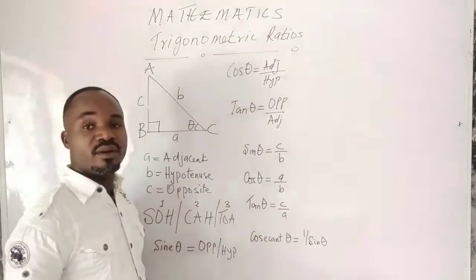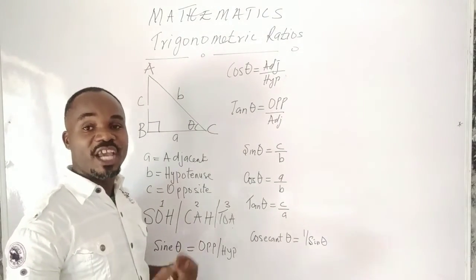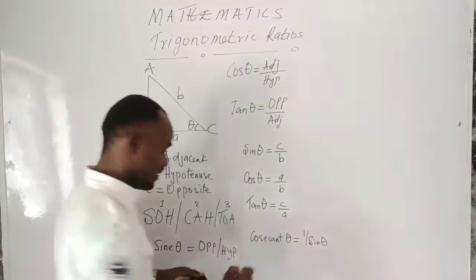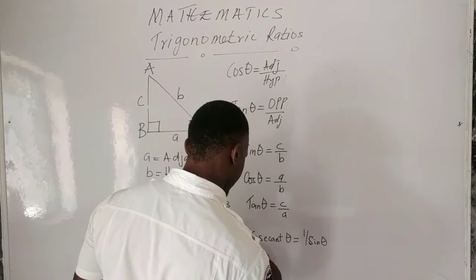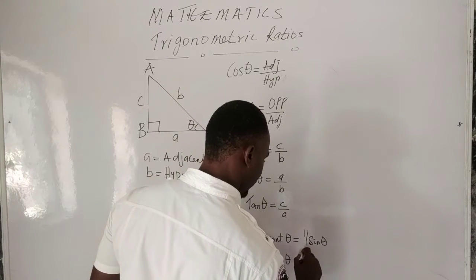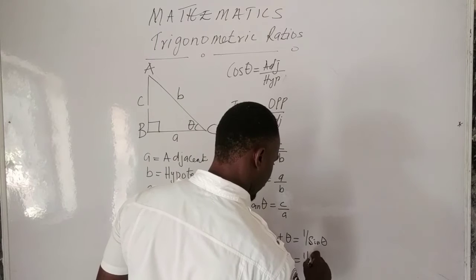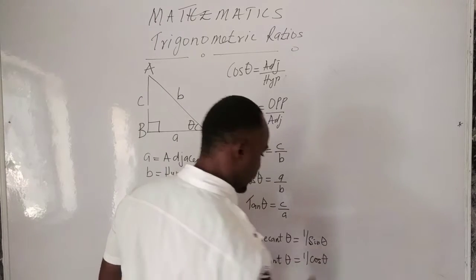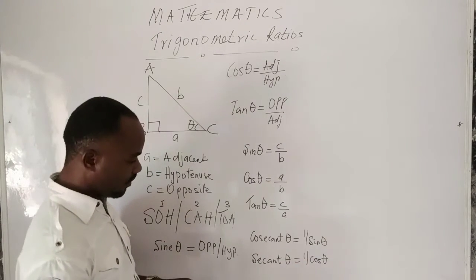While secant theta simply means the inverse of cosine theta. So you can see that simplifies it.